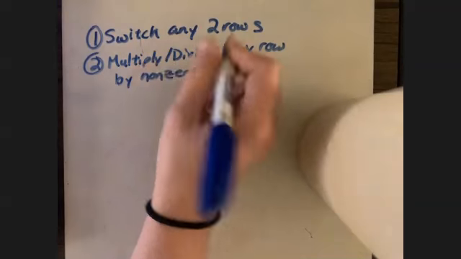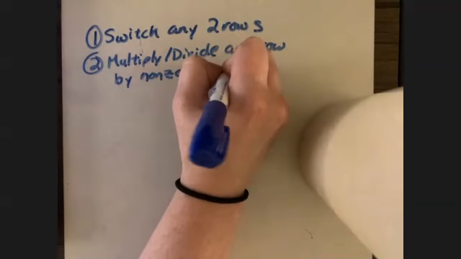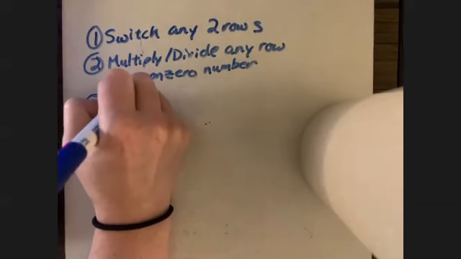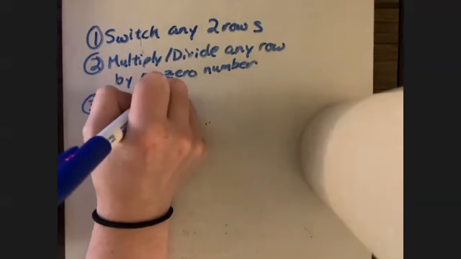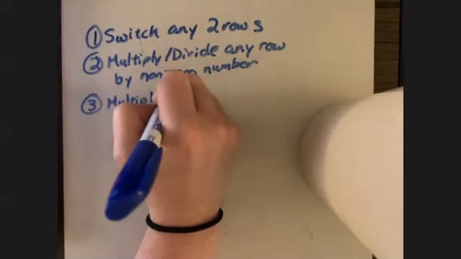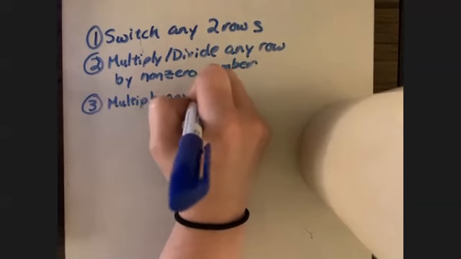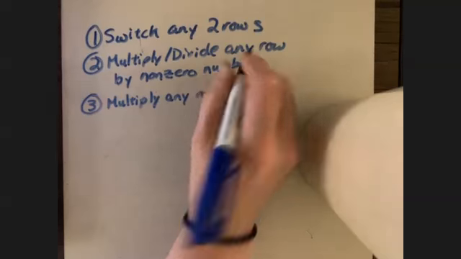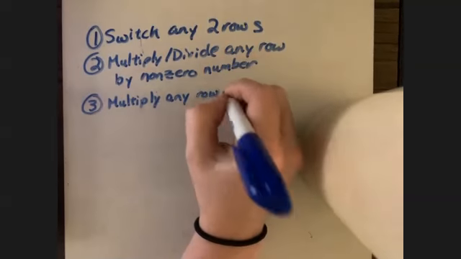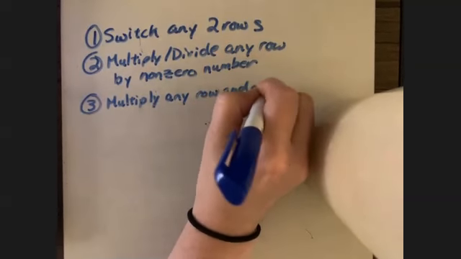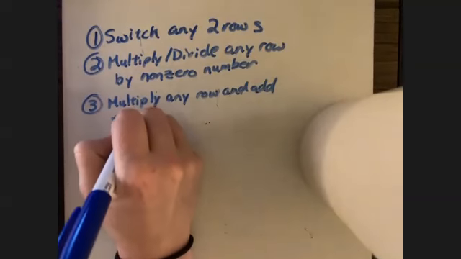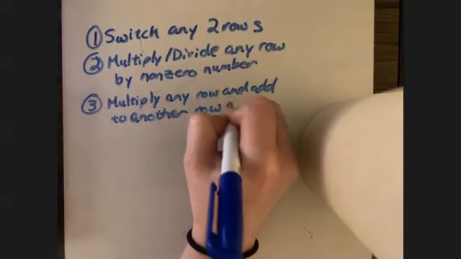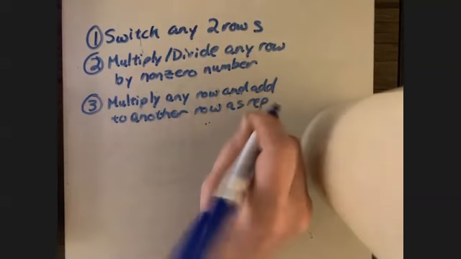So no multiplying or dividing by 0. And then the third thing is you can multiply any row and add it to another row as a replacement.